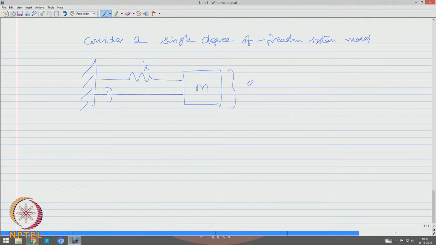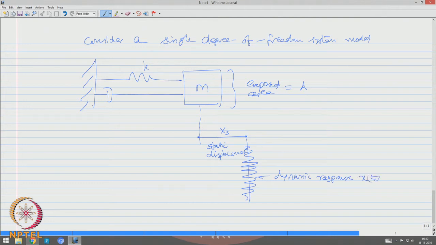The mass has an exposed area A. Now, the mass undergoes a static displacement x s, which is called the static displacement, and from this point it undergoes a dynamic response, which is x of t.